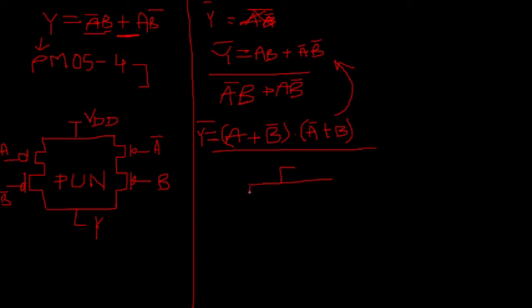So we will make transistor A, and this is transistor B bar. Because for the pull down network you do not change the input, that is why we are keeping the inputs as A and B bar itself, and this will be the output Y.